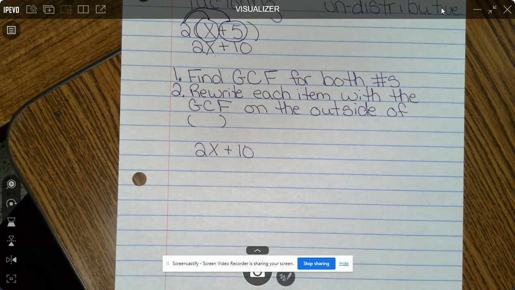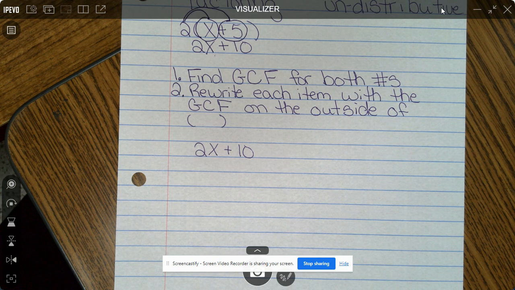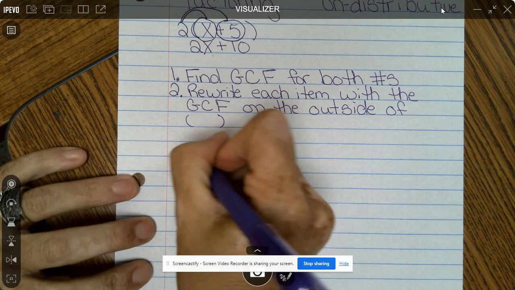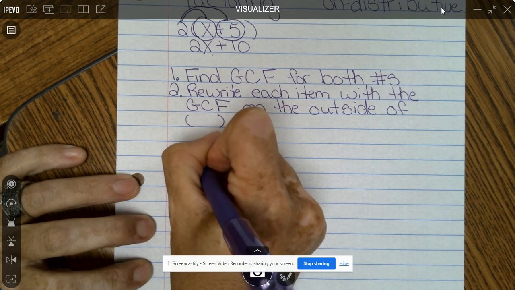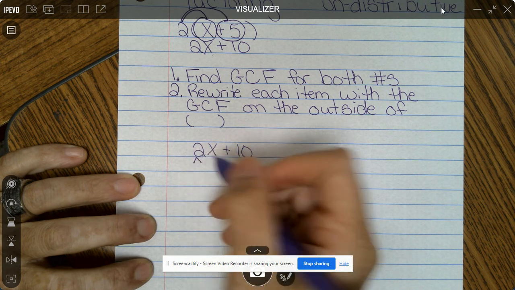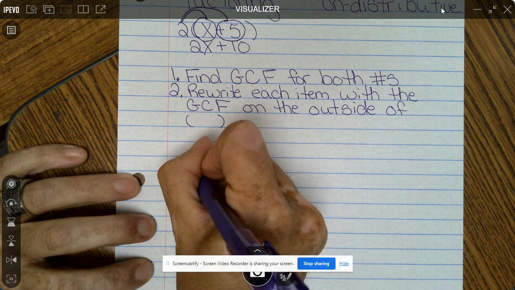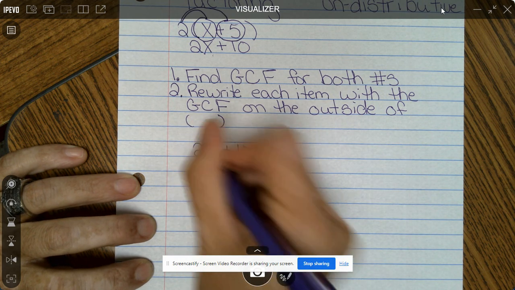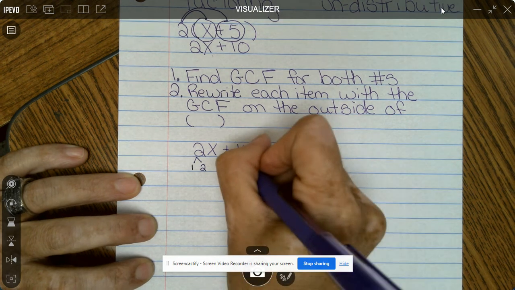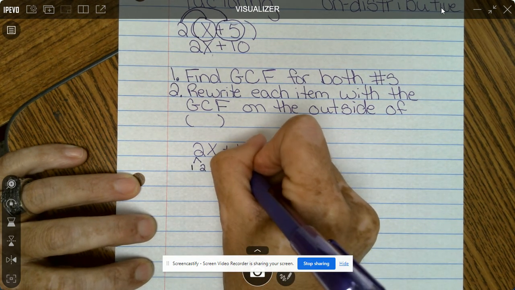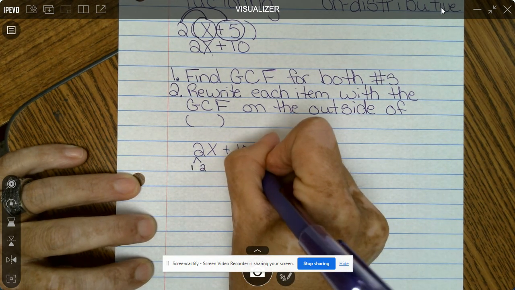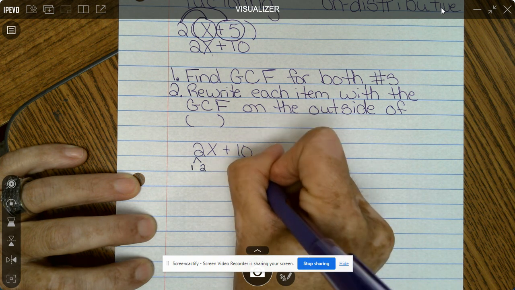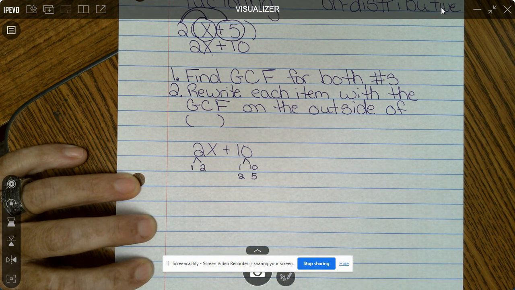Now, for some of you guys who don't automatically look at 2x plus 10 and say, oh, I already know what the greatest common factor is, if we take a step back, I don't know if you've been taught the tree or not, but I can look at everything that makes a 2. If I multiply 1 times 2, I get 2. If I look at my 10, I can do 1 times 10 to get 10, or 2 times 5 to get 10.